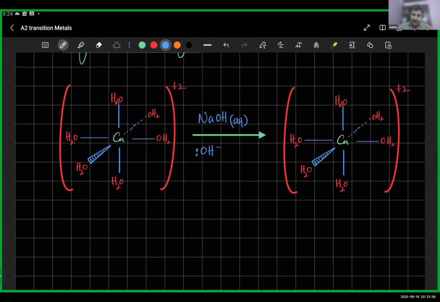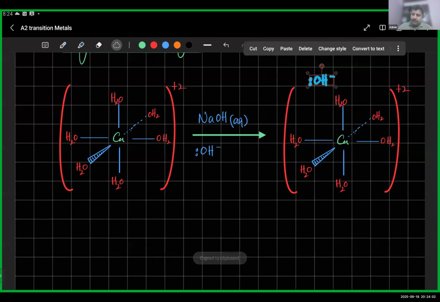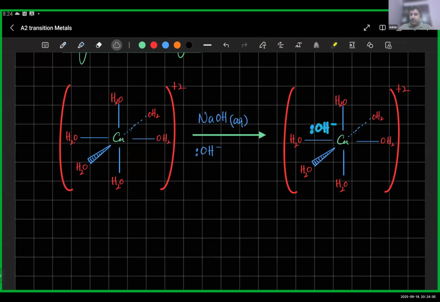Slowly, these OH ions are going to start knocking away the water molecules.